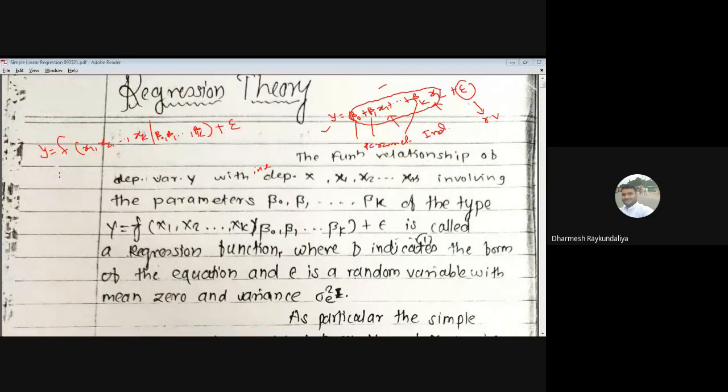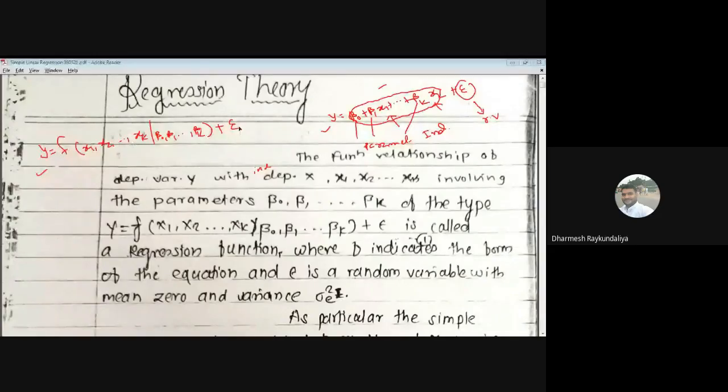So y is dependent, x1, x2, xk are the independent variables, and epsilon is a random quantity. So this functional form defines the regression. Here the assumption is that epsilon has mean 0 and constant variance sigma epsilon square.